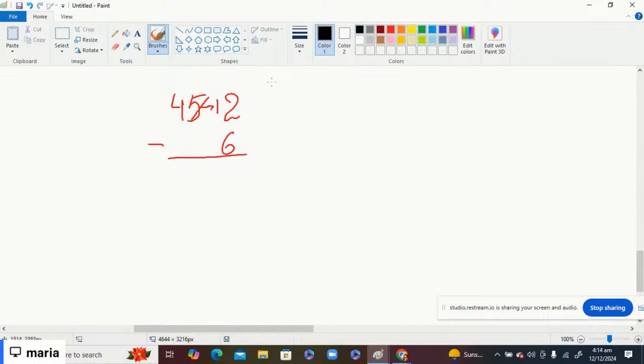Draw the 12 lines: 1, 2, 3, 4, 5, 6, 7, 8, 9, 10, 11, 12. Remove 6 lines: 1, 2, 3, 4, 5, and 6. How many are left? 1, 2, 3, 4, 5, and 6. And now putting this 4 as it is.